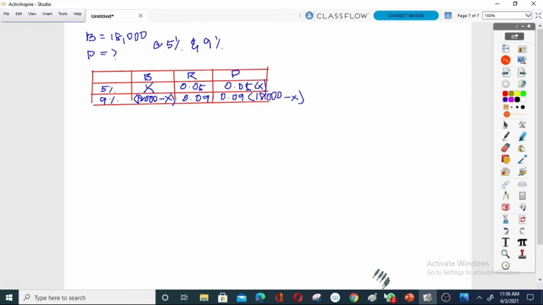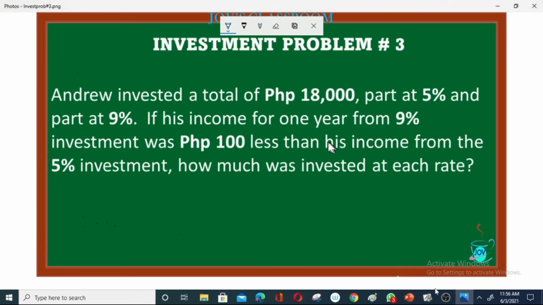And based on the condition, if his income for 1 year from the 9% investment was, that means this is an equal sign. What is his income for 1 year?